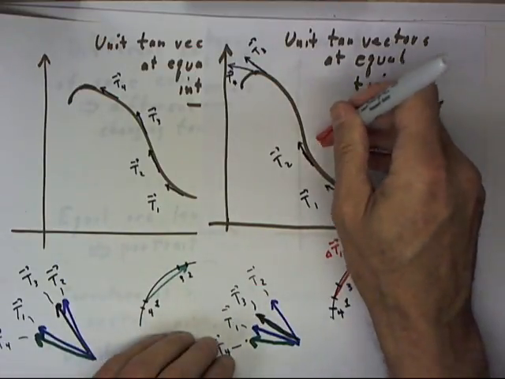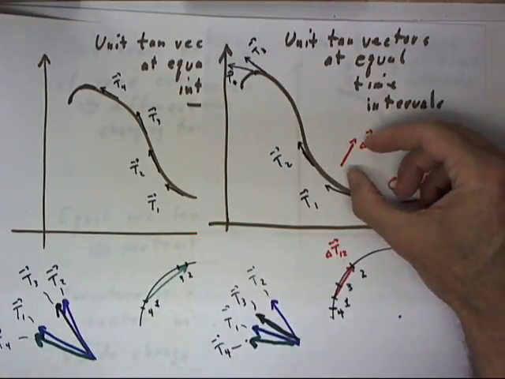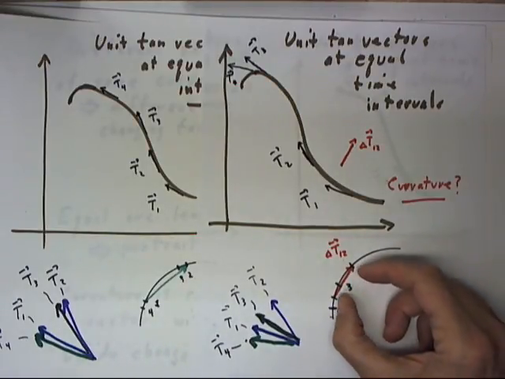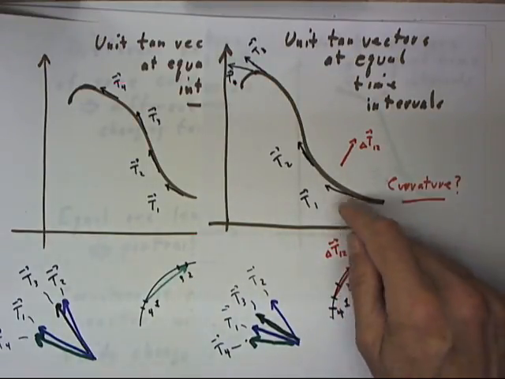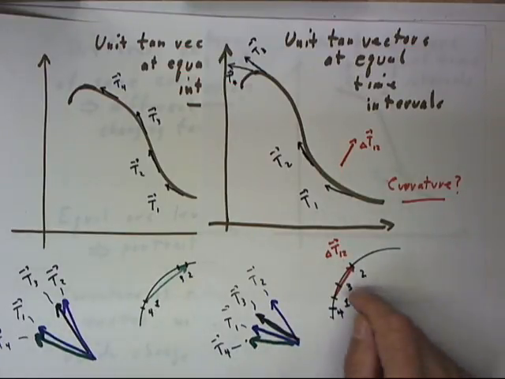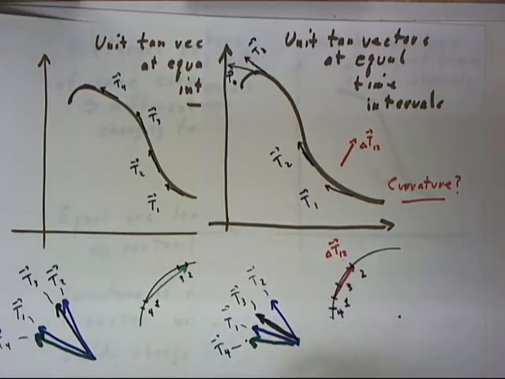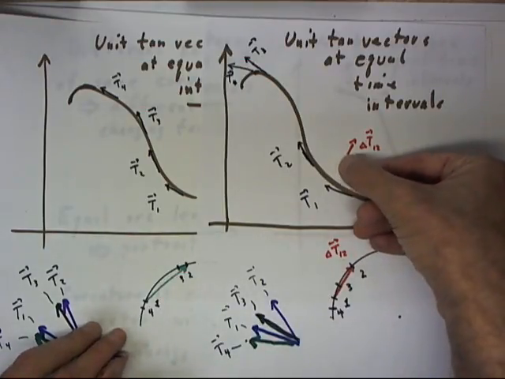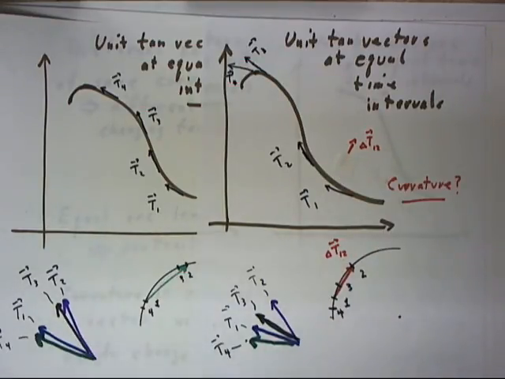Now between T2 and T3, actually our delta T1,2 will be a little smaller. I drew it as big as it is on this picture, and my unit tangent vectors are depicted with actually different magnitudes in all three pictures. The thing should have a length more like what you see now. Okay, now from T2 to T3, what happens?